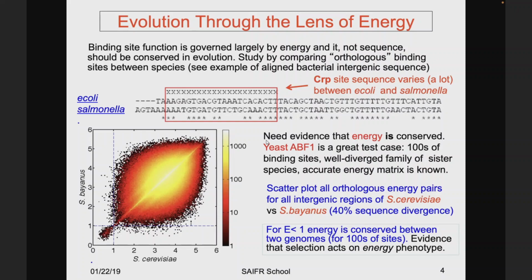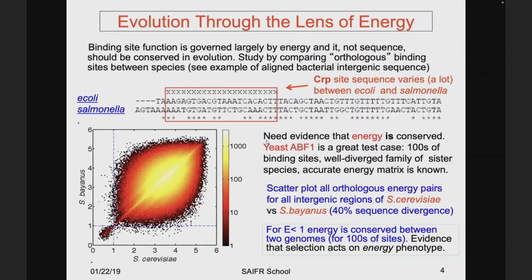And you can do the exercise in which you say, let's take all the possible orthologous pairs of 20 base pairs worth of sequence in these two, in this case we're talking about comparing two species of yeast. And we're talking about a transcription factor called ABF1, which we'll come back to in a bit.